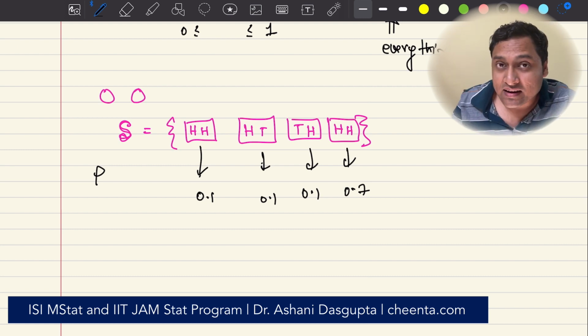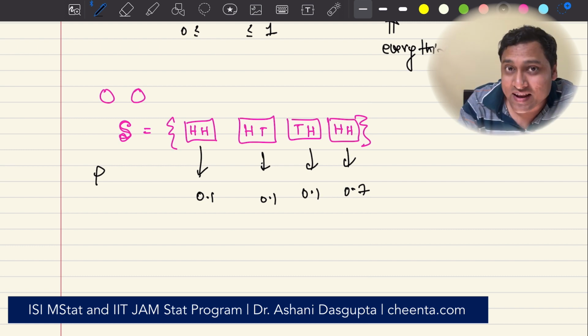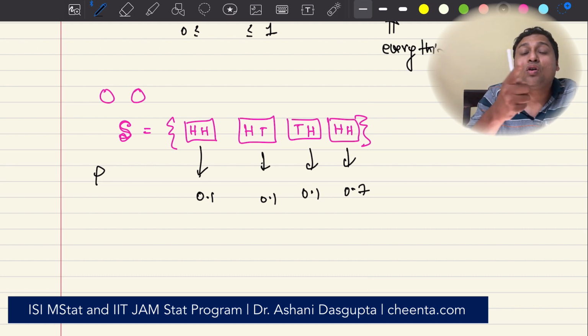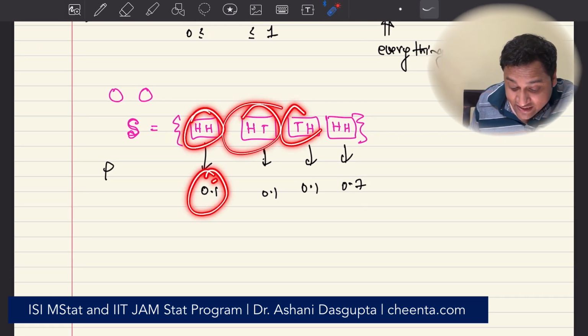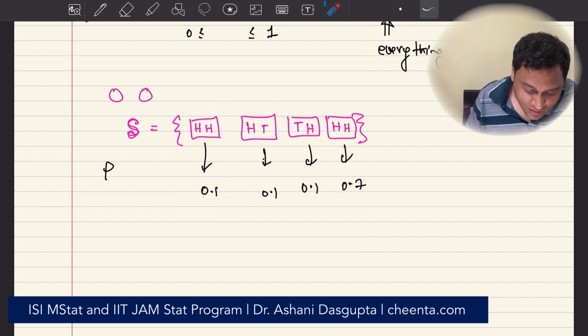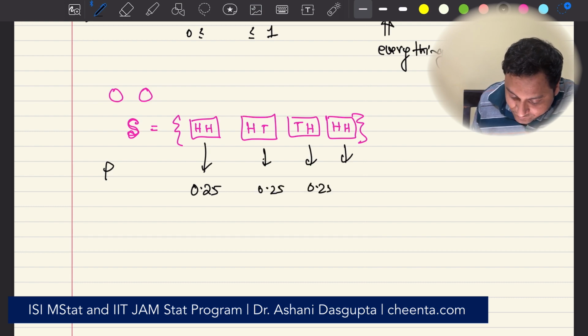That's totally fine. When I say there is randomness, that means all of these output values are actually equal. So all of them are 0.25. That's all that it means.